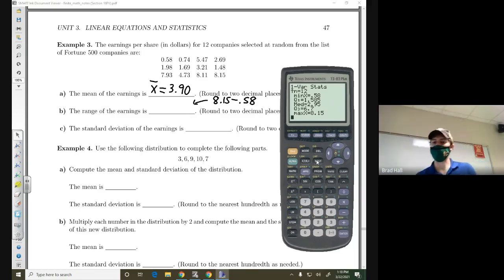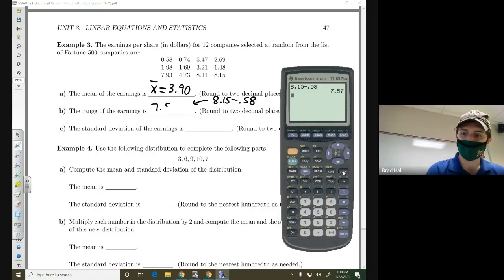And that's it. Whatever that difference is, 8.15 minus 0.58, 7.57. So we don't really need the range, but they tell us the max and the min, which we can figure out the range very quickly.